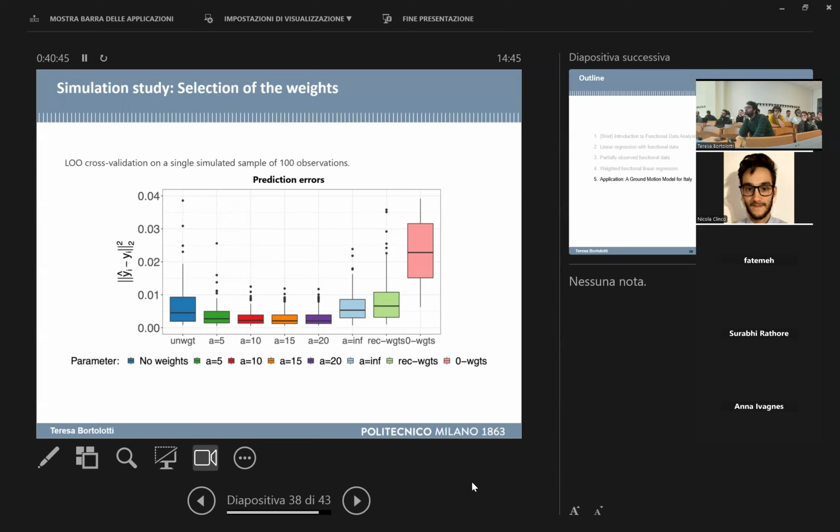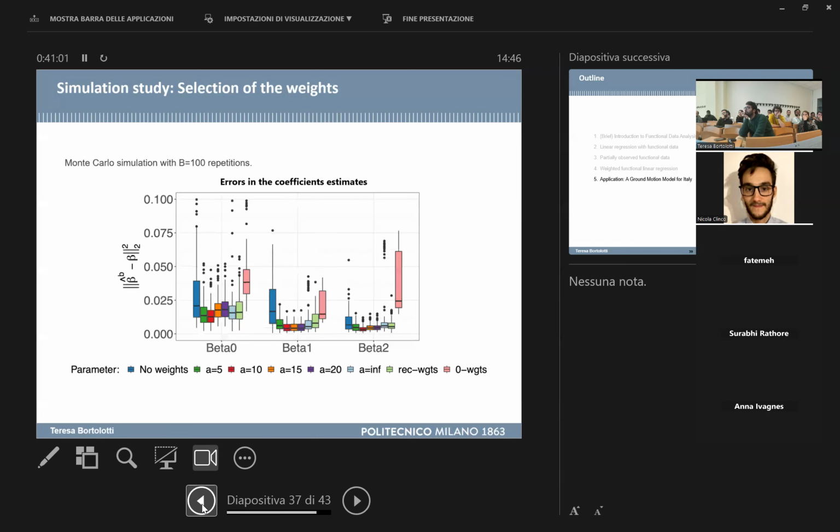Well, if you look at the cross-validation error, you can identify a minimum and you can select the best system of weights. So this basically tells you that it is a methodology that you can use in practice, because in practice you do not have access to these quantities, of course, because you don't know the true beta.